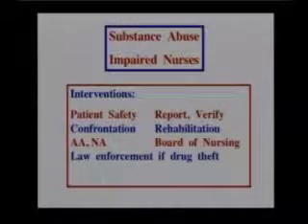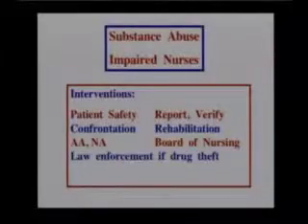You're going to have to notify the supervisor and let them know that this nurse is not in any condition to take care of patients. You need to verify if there are other people that have witnessed the behavior, that have smelled the breath. Then keep your own little record of what's going on so that it's not just an I said, he said type of thing, so that you have corroboration of your observations.